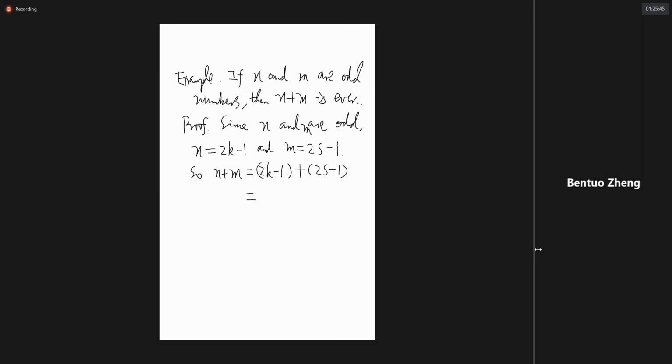So this is equal to 2k plus 2s minus 2. So this is equal to 2 times k plus s minus 1.